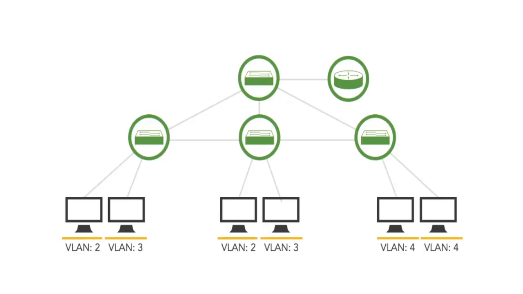They're in different subnets, different broadcast domains, and we just refer to them as being in different VLANs or virtual LANs. For example, a host in VLAN 2 can't communicate to a host in VLAN 3. We'll talk about this later, but just understand that for a host to talk from one VLAN to another, they have to go through some sort of layer 3 device, such as a layer 3 switch.